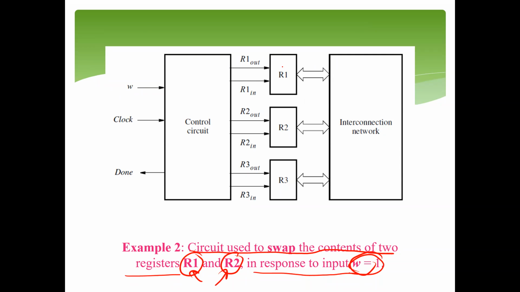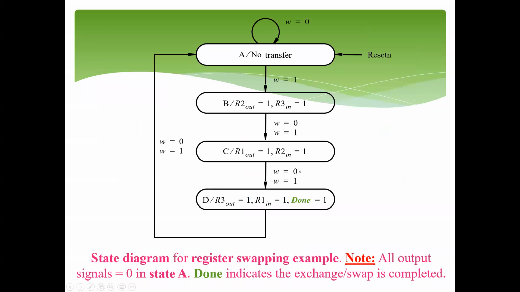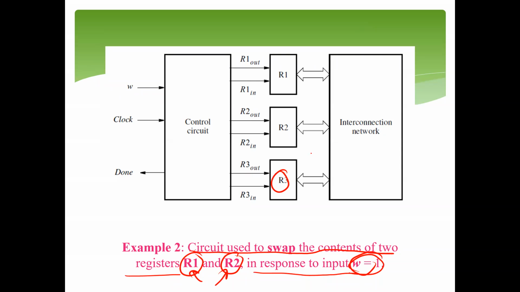Now notice in this diagram, we have register R3. The reason we have register R3 is the same reason that you create a temporary variable in Java or in C or in whatever programming languages you used before. So let's say you have x equal to 5 and y equal to 2, and you're asked to swap these two values.